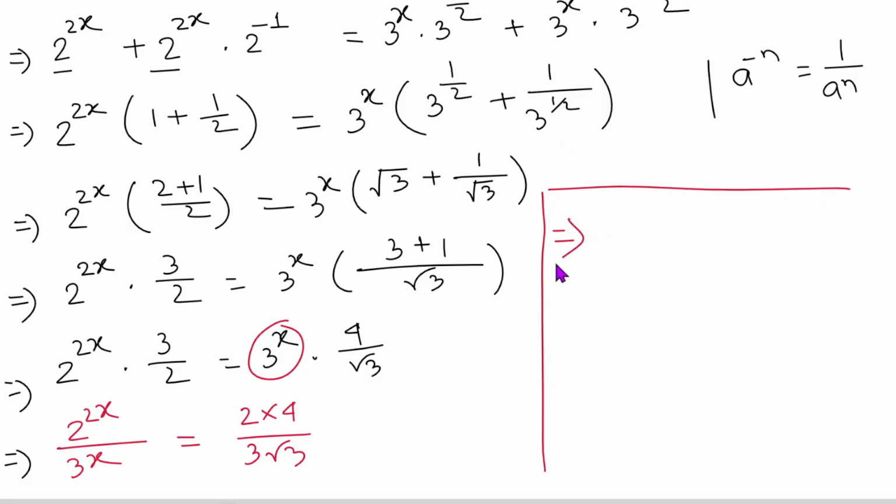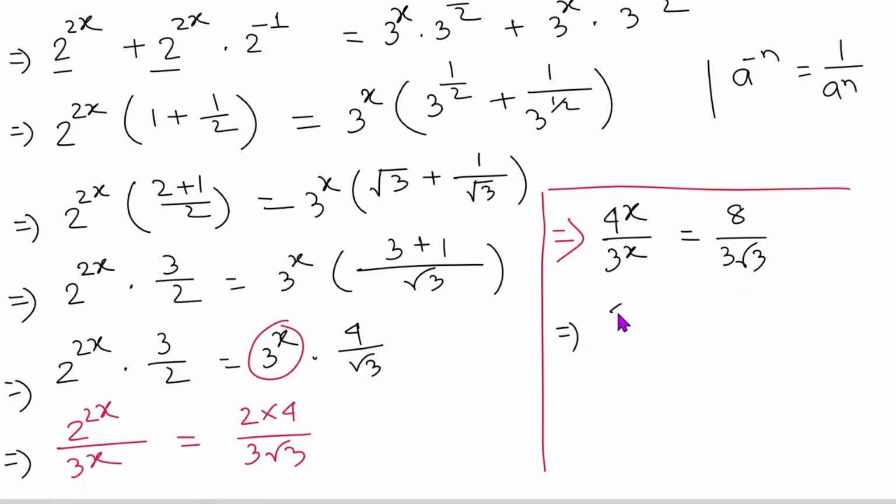Now this 2 to the power 2x we can write 4 to the power x divided by 3 to the power x equals, here 2 times 4 is 8, and here 3 root 3.